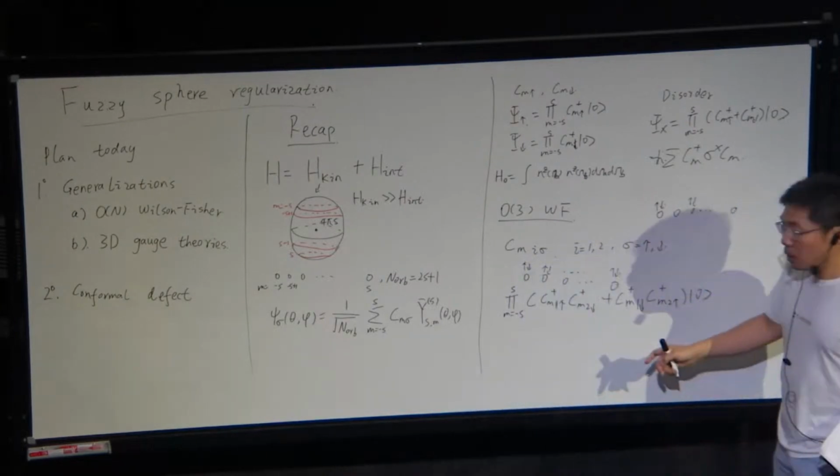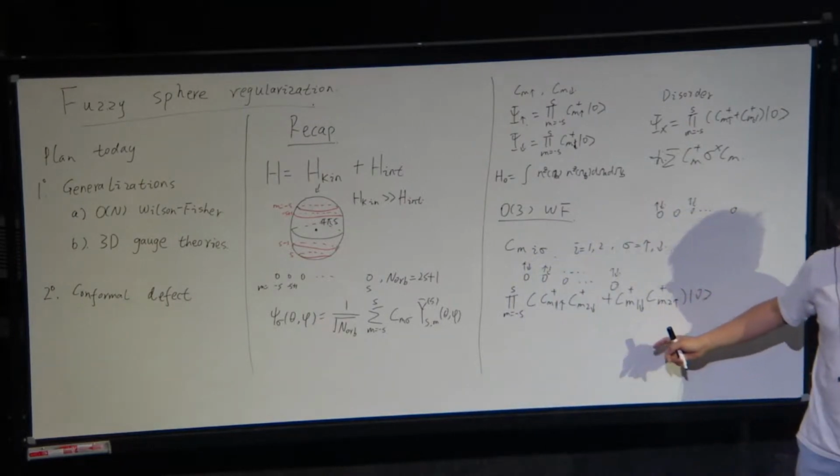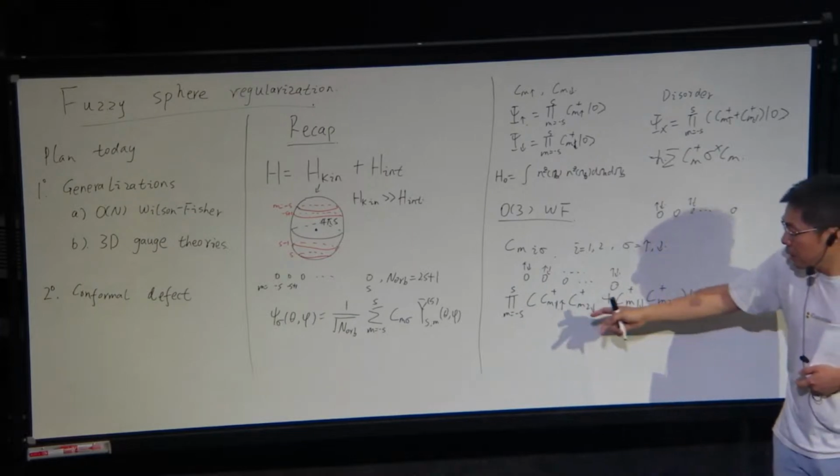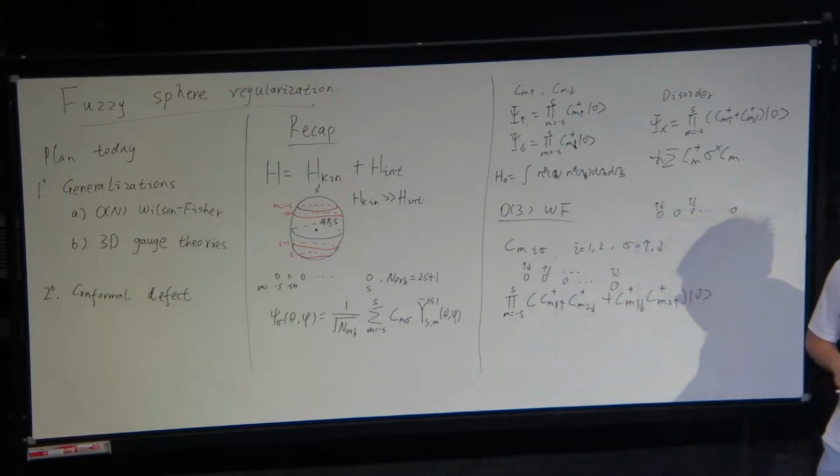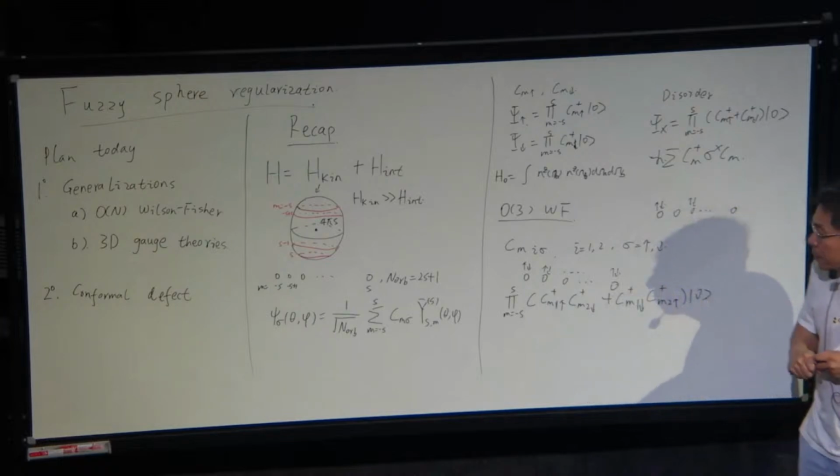That's what the state looks like, right? I anti-symmetrize the flavor indices, which will symmetrize this I index, right? That's the state we have, right?